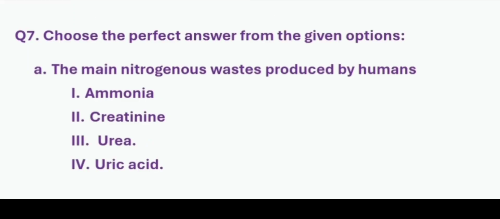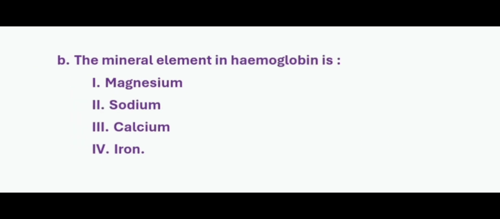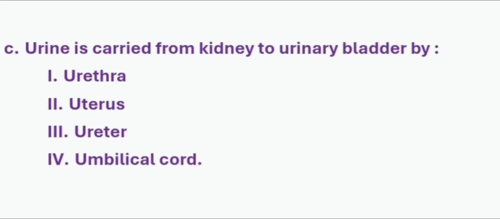Then we move on to question number 7, where you have to choose the perfect answer from the given options. Here you will find 5 different questions followed by 4 different options against each of them. It is always wise to write the term along with the numbering given in front of them.